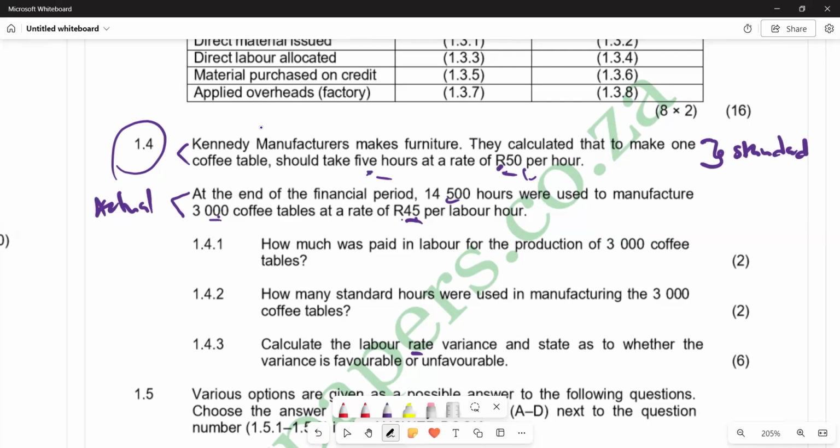So the formula is standard rate minus actual rate. The standard rate is 50, and then we subtract the actual rate, 45. Then we multiply by the actual time, which we have here: 14,500.